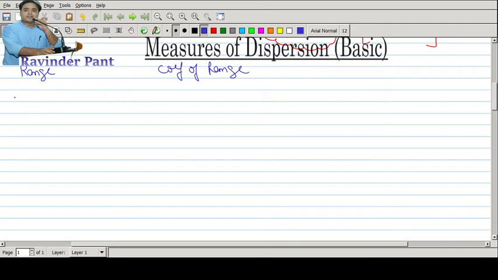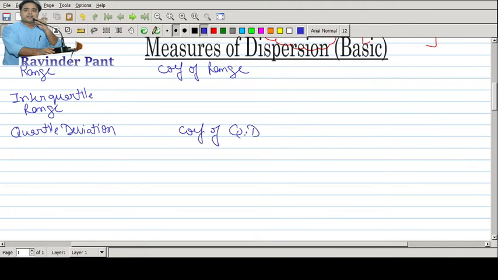Removing the demerits of range, we covered the quartile range, or I should write it as interquartile range. Further, it was your quartile deviation and its relative part as coefficient of quartile deviation.